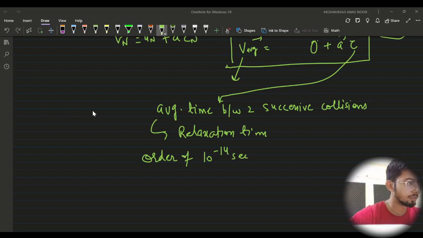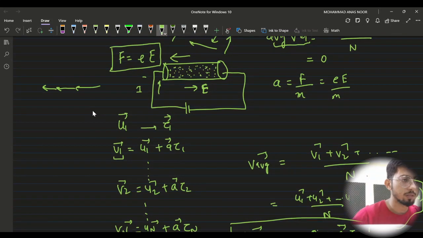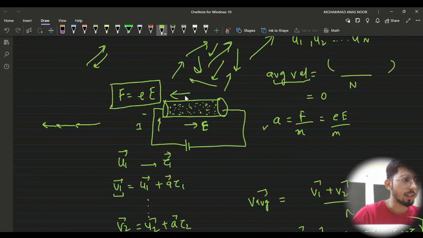Now, if you go to the previous discussion, this was the acceleration that an electron would have upon application of electric field. A is the force that it would experience, divided by m, so eE by m, right? Now, if you want to find velocity from the acceleration, how would you find?